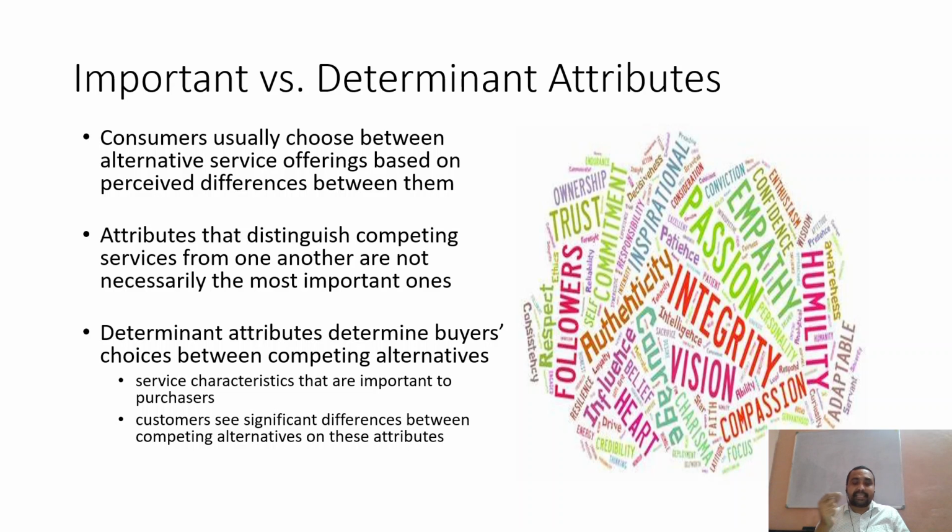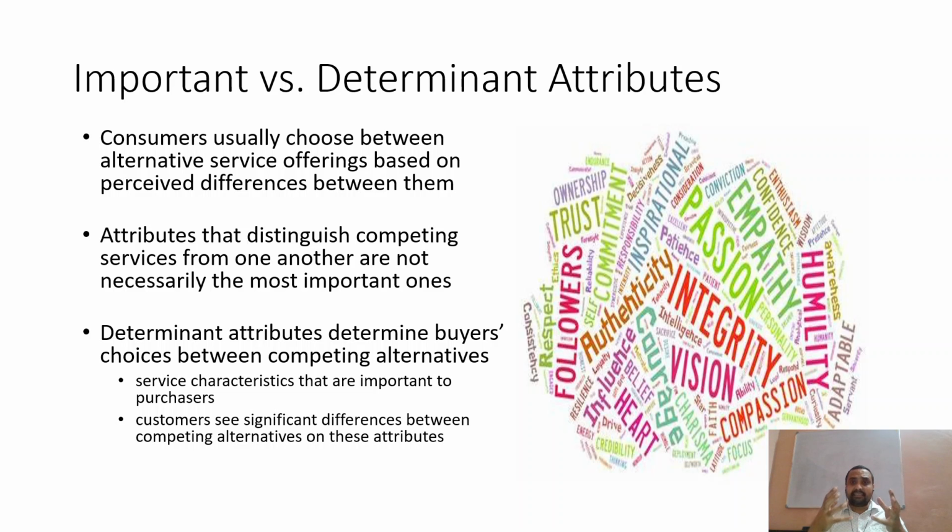Now, service characteristics that are important to the purchasers, and sometimes the consumer sees significant differences between competing alternatives on these attributes. When I compare the determinant attributes of two, there I see a lot of difference, maybe the infrastructure, the surrounding, the ambience, the amenities.